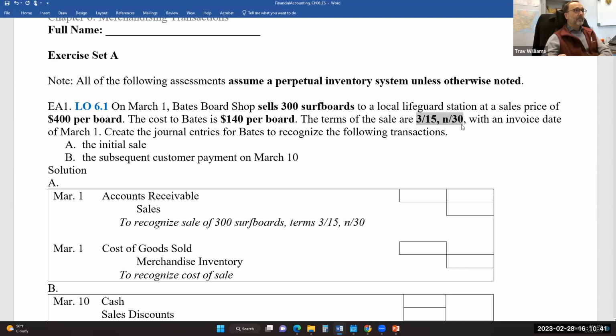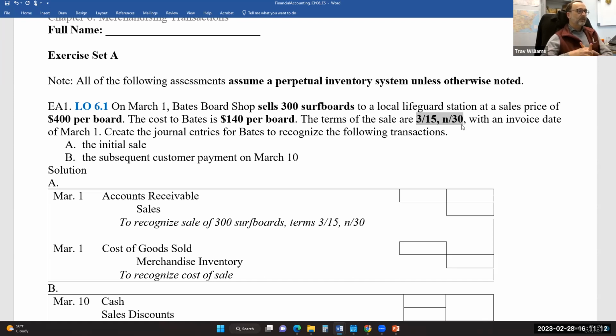In this case, the buyer gets a 3% discount if they pay within 15 days of the invoice. And even if they don't pay within 15 days, the net amount that is due, so whatever is the amount that hasn't been paid, has to be paid within 30 days. Okay? So $315 net 30 is 3% discount in 15 days. The total is due in 30 days.